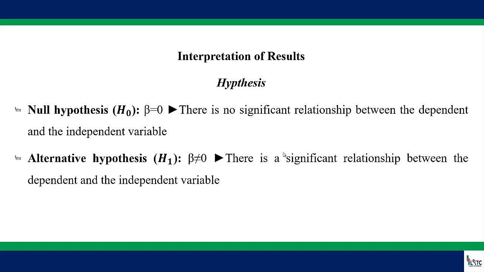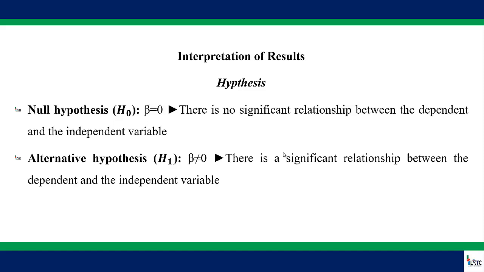For instance, if we are looking at the impacts of carbon dioxide emission on mortality rates, the null hypothesis will be there is no significant relationship between carbon dioxide emission and mortality rates, because mortality rates is the dependent variable, carbon dioxide emission is independent.